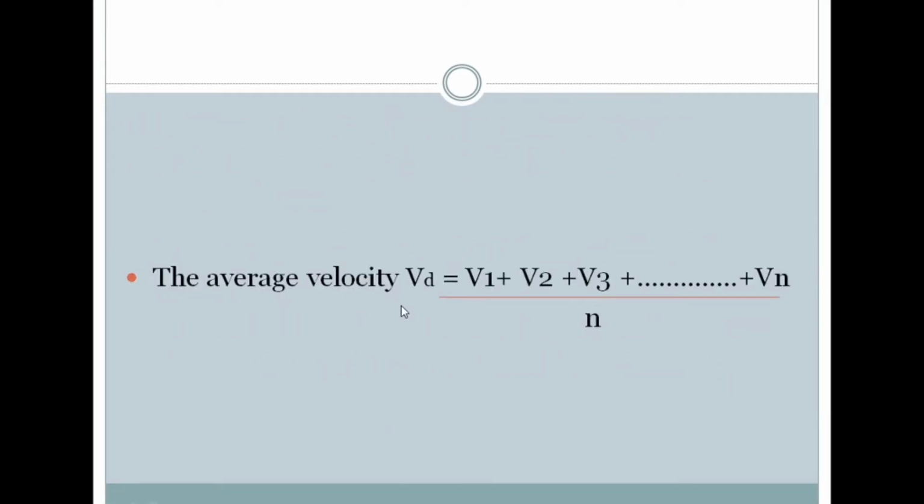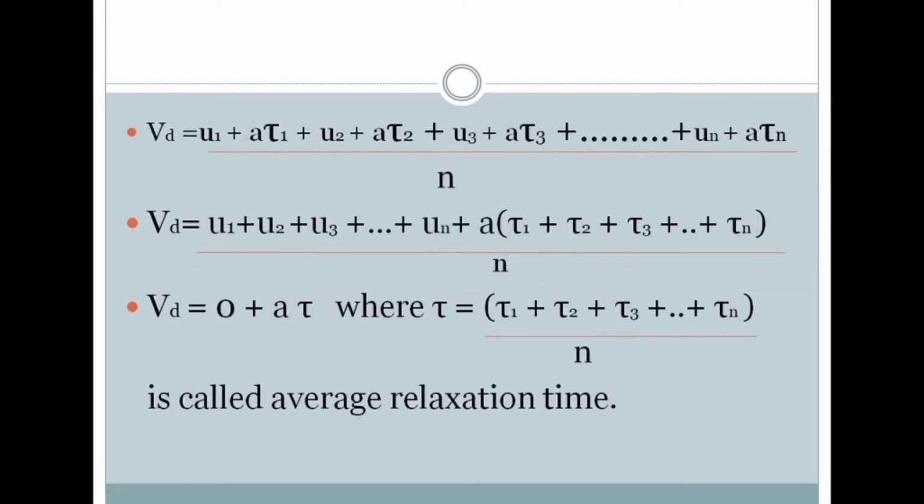The average velocity of all the electrons is called the drift velocity, which is equal to (v1 + v2 + v3 + ... + vn)/n. Now putting the values of v1, v2, v3, vn in the expression, you will get vd is equal to (u1 + u2 + u3 + ... + un)/n plus a, which I am taking common, (tau 1 + tau 2 + tau 3 + ... + tau n)/n.